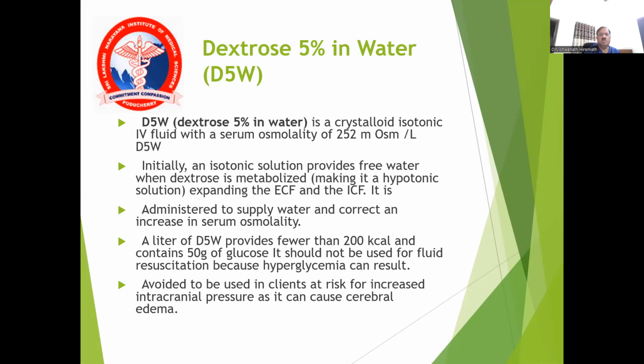Next solution: isotonic dextrose 5%, dextrose 5% in water. It is called D5W. It is a crystalloid isotonic fluid with osmolality of 252 milliosmoles per liter.